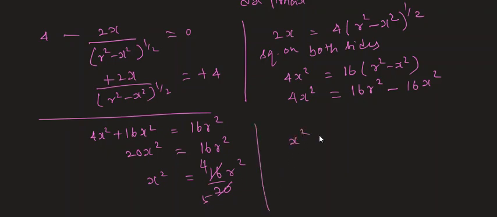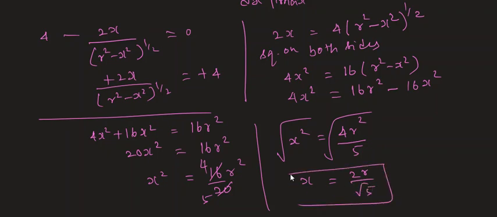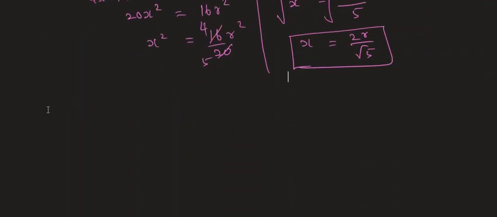Therefore x squared is equal to 4r squared divided by 5. Now taking square root on both sides, x is equal to 2r divided by root 5. Now we are able to find x.